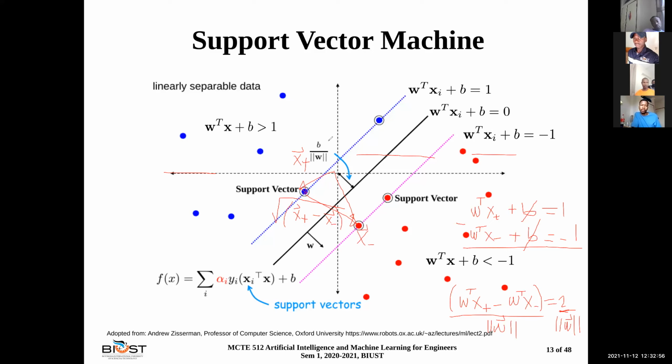So if you want to maximize the margin, we want to minimize W. That's how this value is taken. Any questions? That's where this is taken from.